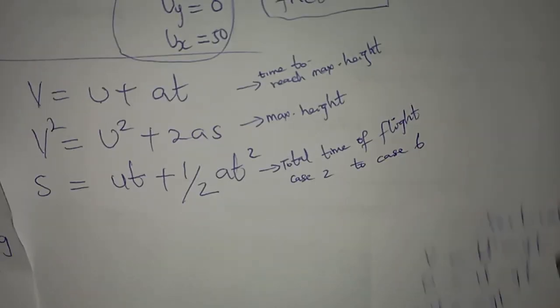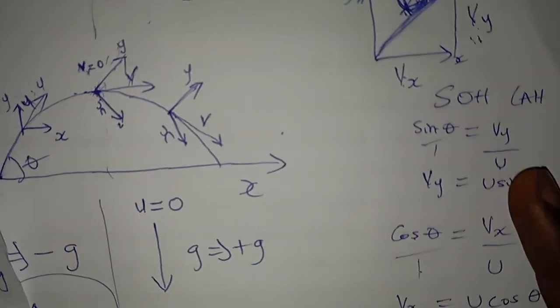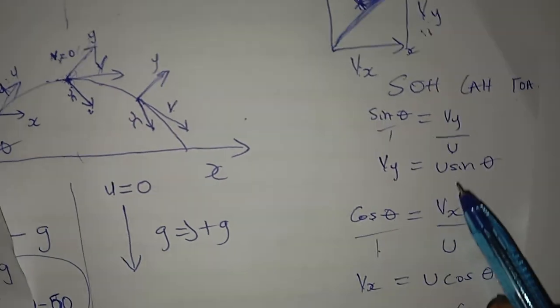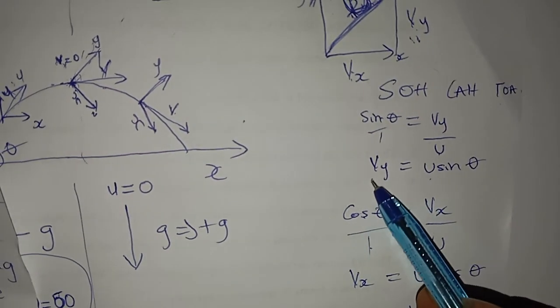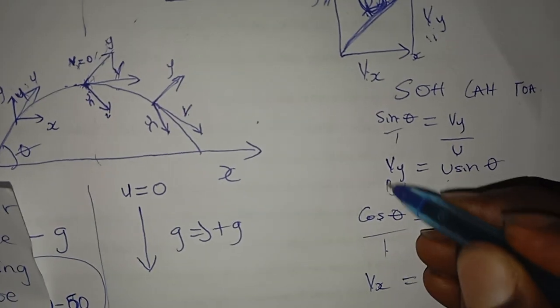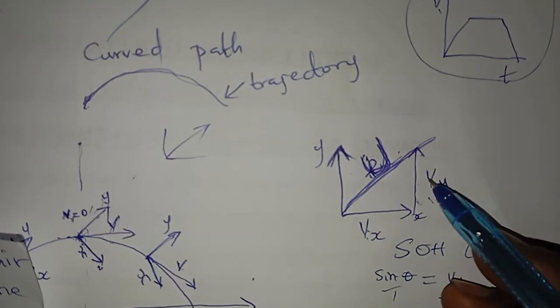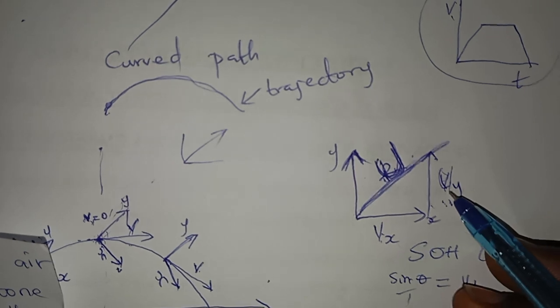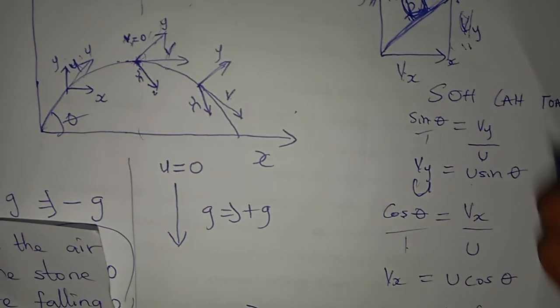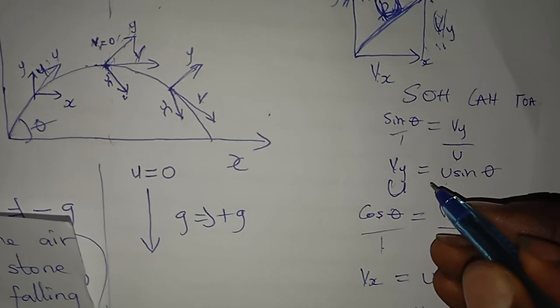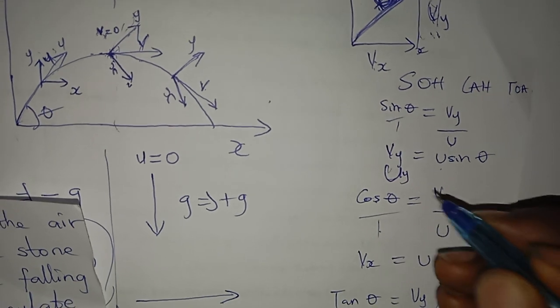But remember that from our discovery, we said once you are dealing with the vertical axis, this v I used, I could have as well used u. So no longer call it uy, that is initial.